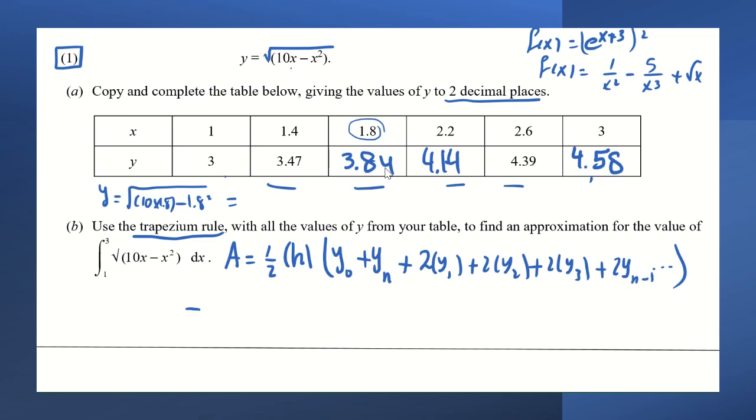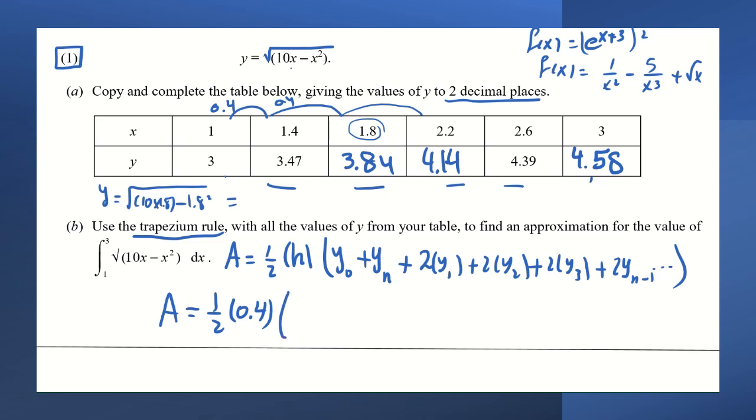So let's apply the rule. The area is equal to half. What is h? h is the common difference that you are adding every time in x. Look carefully and you will find that you add 0.4 every time. From 1 to 1.4, I am adding 0.4, so h here is 0.4. From 1.8 to 2.2, I am adding 0.4, and so on.